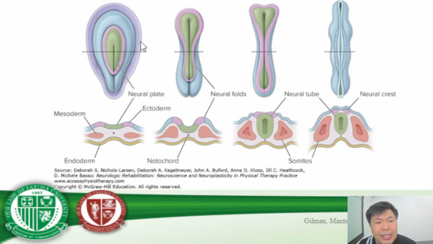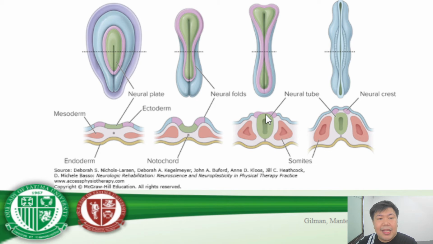Yan. So, kita nyo dito, no? From flat, nung nag-start lumubog yung ating neural plate, ayan, nag-fold yung mga tagiliran niya. So, lumubog yung green part, umangat tuloy yung pink and yung blue parts natin. Right? Now, eventually, that neural groove will close upon itself.